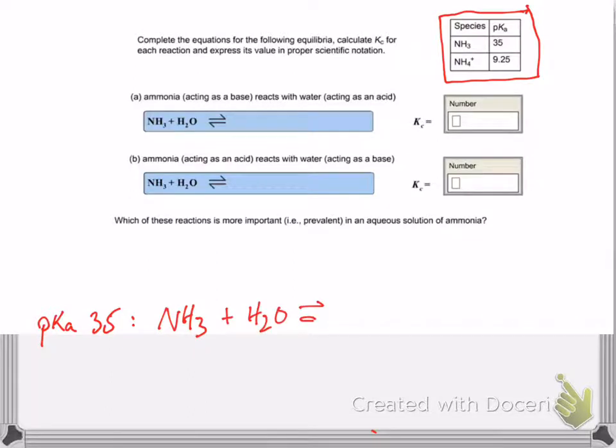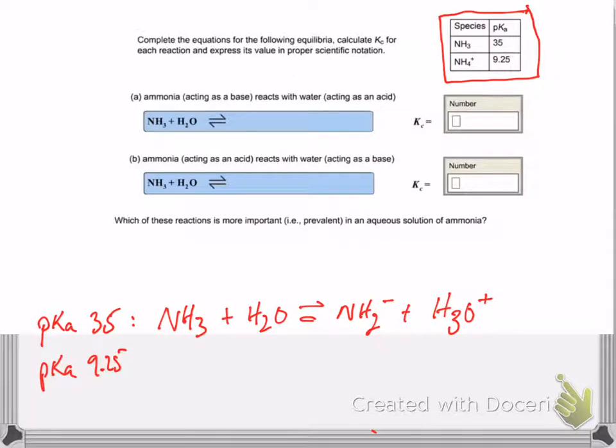That means that water is acting as a base, which also means that its conjugate acid is H3O+. So we see that NH3 acting as an acid donates a proton to water. The anion that's formed is NH2-, and the conjugate acid of water, H3O+, is formed.